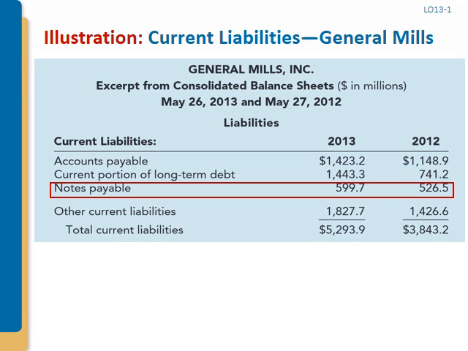This illustration depicts the presentation of current liabilities in a financial statement. As shown, General Mills' accounts payable in 2013 amounted to $1,423 million, and its notes payable in 2013 amounted to $599.7 million. Illustration 13.1.